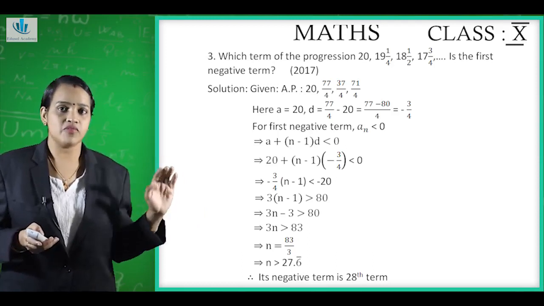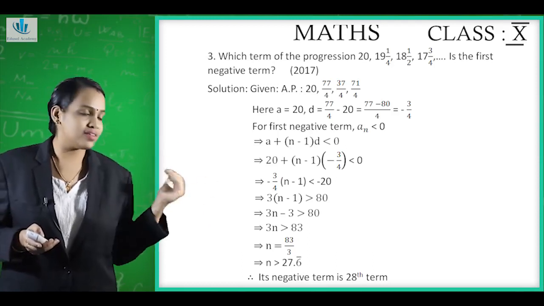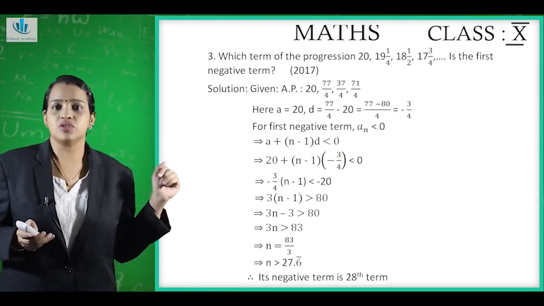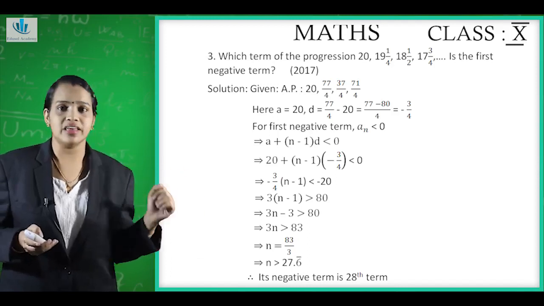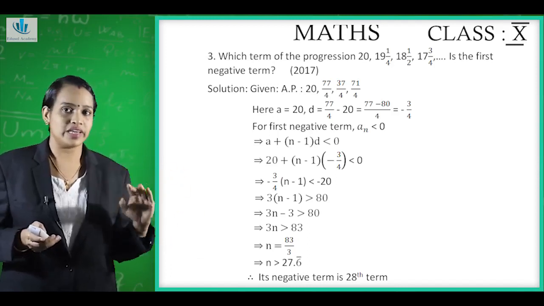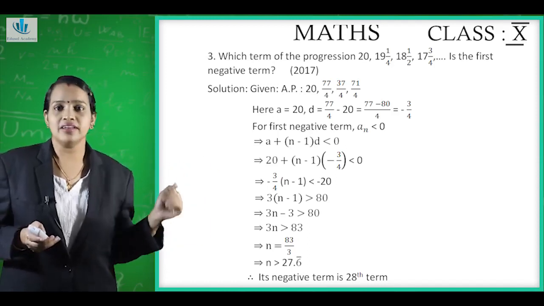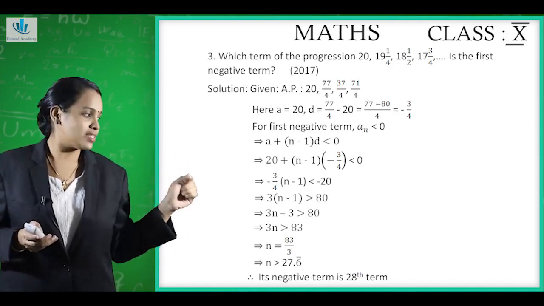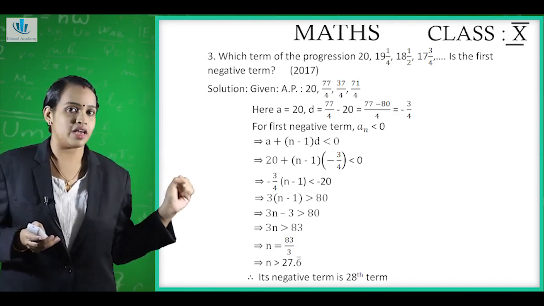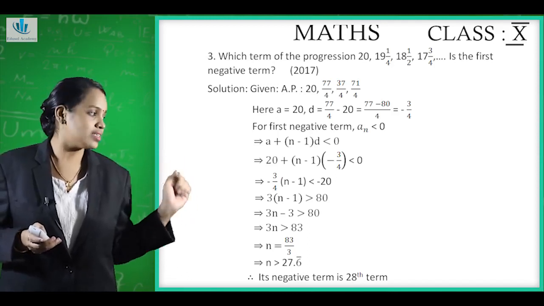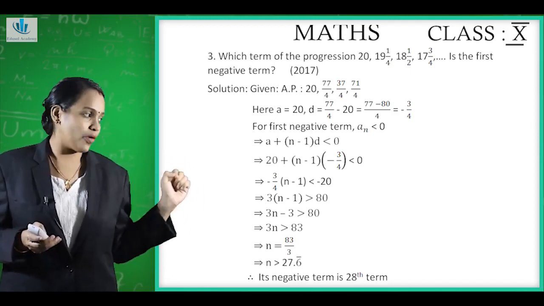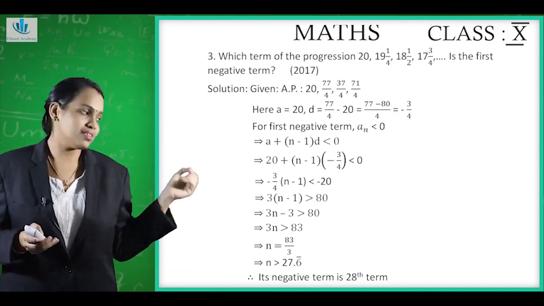Therefore, 3n, when minus 3 goes on the other side, it becomes plus 3. So 3n greater than 83, we take 3 on the other side, it becomes n greater than 83 upon 3, n greater than 27.6. That means 83 upon 3 is equal to 27.6, and 6 is recurring.